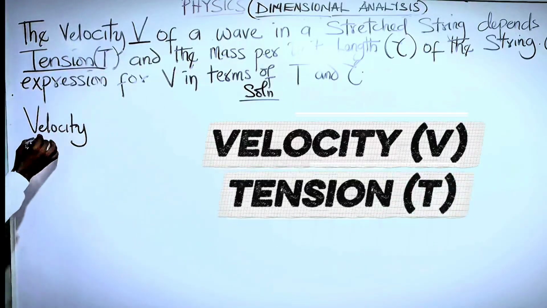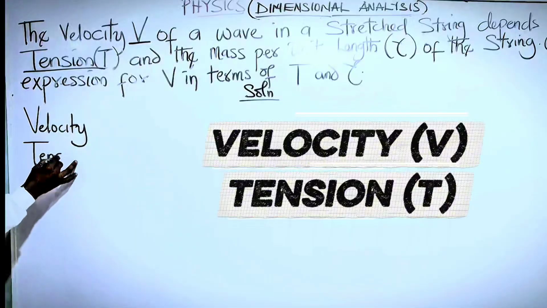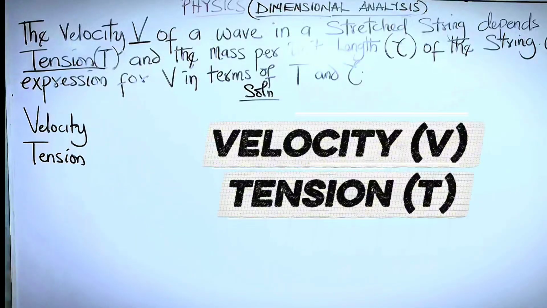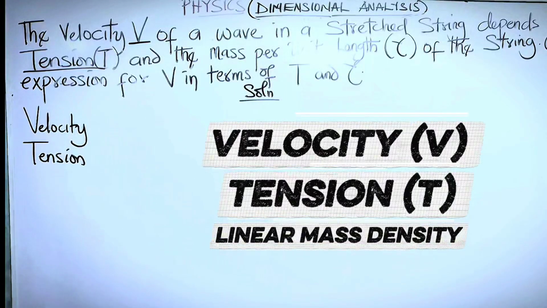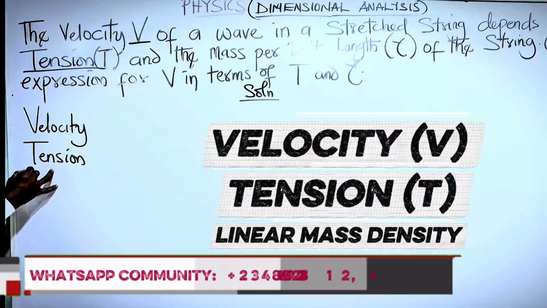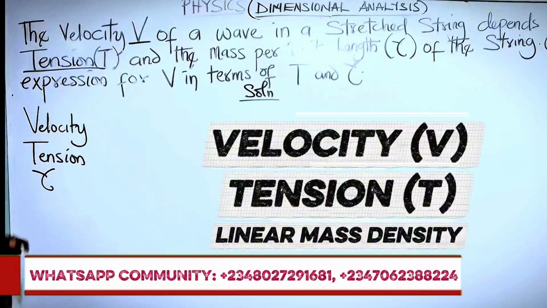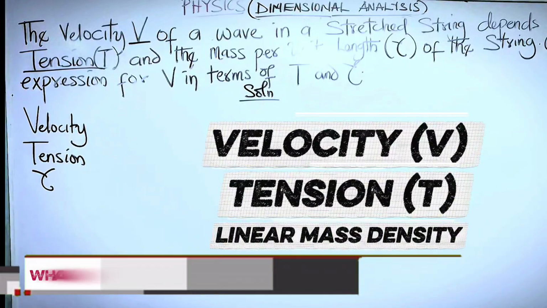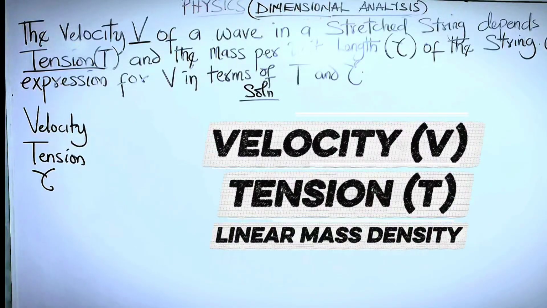So we're given tension, which is a force, right, that acts on the string. And the mass per unit length, that's gamma, right? We're given this as the mass per unit length of the string. Obtain an expression for v in terms of the tension and the gamma.